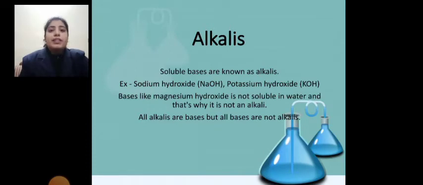So, we can say that all the alkalis are bases, but not all the bases are alkalis. The exception we have already seen, magnesium hydroxide, since it is not soluble in water.